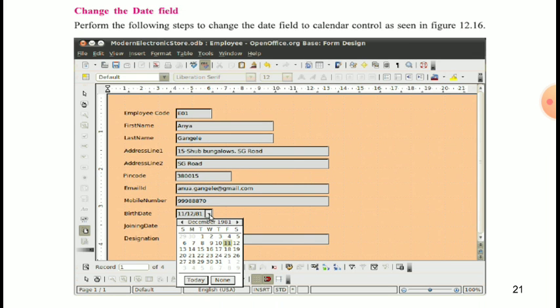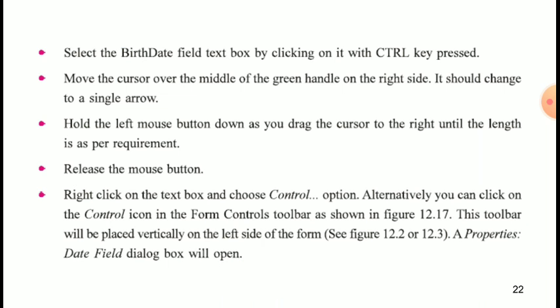Next is change the date field. So perform the following steps to change the date field to calendar control as in figure 12.16. So that is change the date field. First select the budget text box by clicking on it with control key pressed.